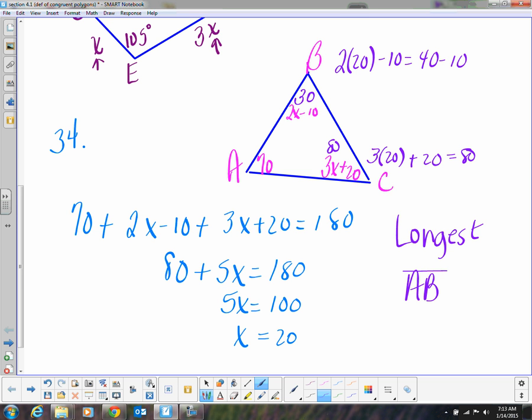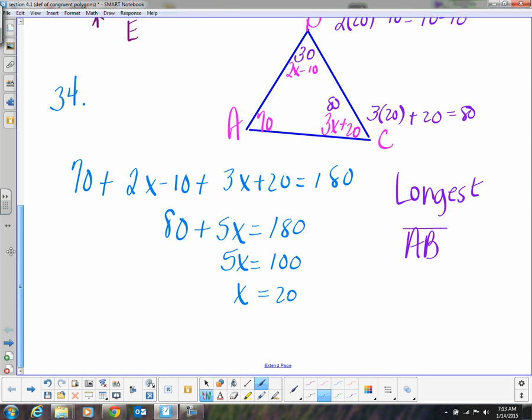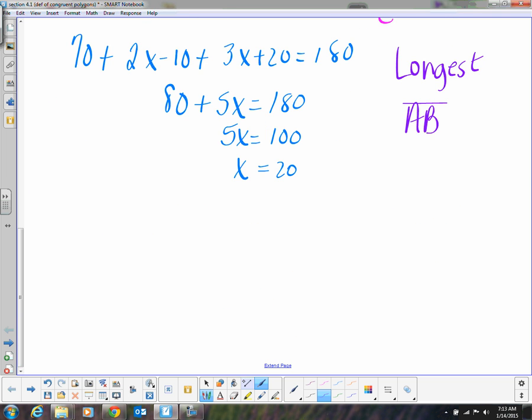Caitlin. Okay, they want to know the angles. All right, 11's kind of similar to 10. You've got this triangle, and what's special about that angle? This angle right here, what's special about that?